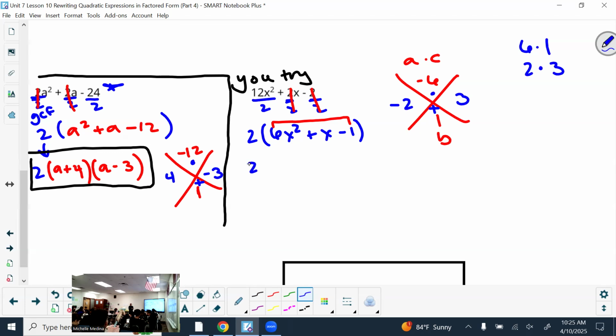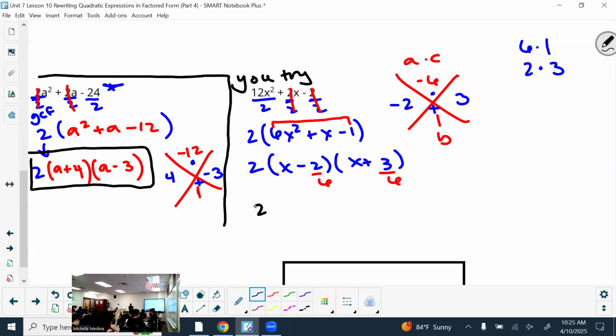So at this stage, my parentheses will look like this. But we're not finished because I need to divide by my A. And not my A from the very original, my A from this. We're just factoring. So my A was 6. We're going to divide both of those by 6, reduce the fractions.